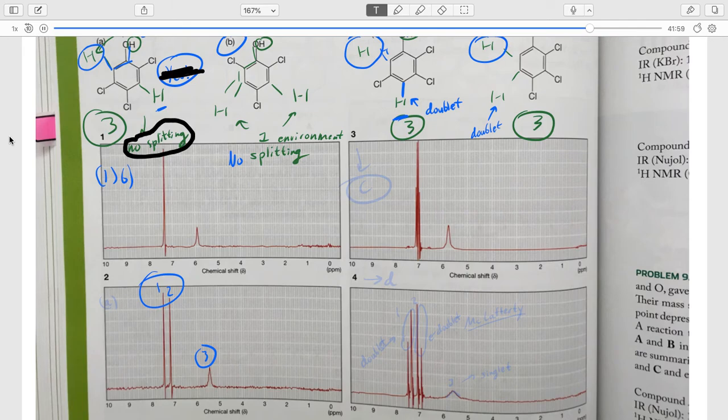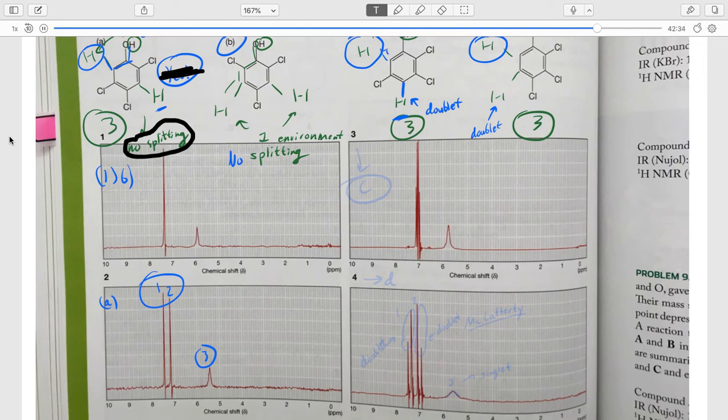So this one, I believe, is most likely. You know, I'm just going to say, ignore the 4-way rule and just go with 3 sigma bonds.